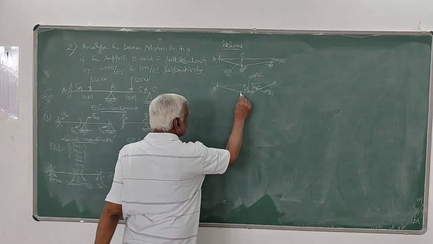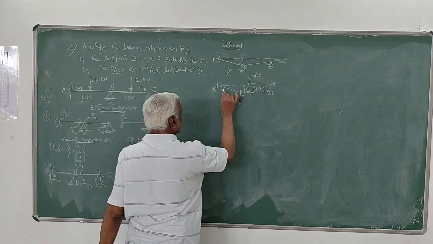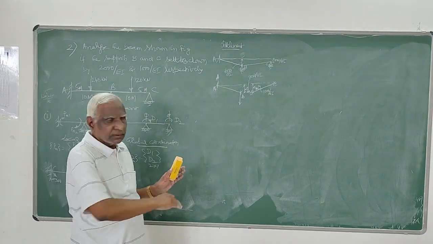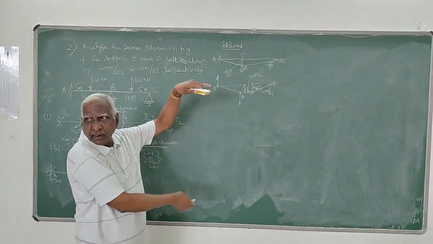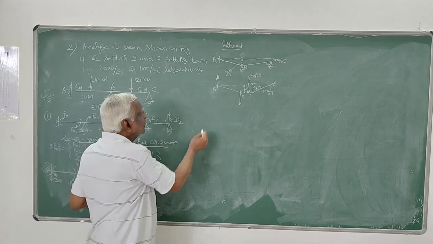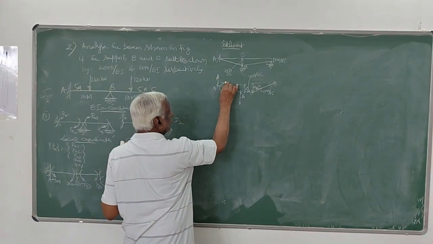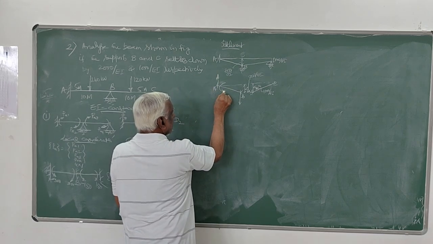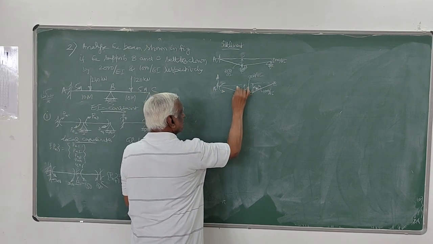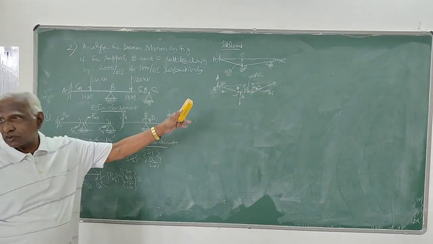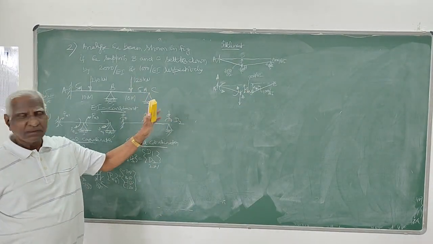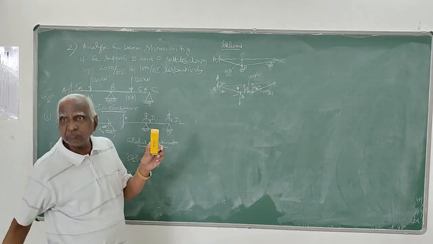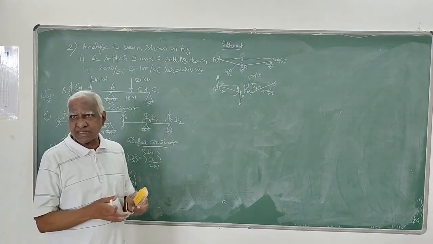Because of this, there will be a force here. There will be an equal and opposite force to keep it in equilibrium. This gives a moment in the clockwise direction. So this is clockwise, resisting should be anti-clockwise. This you have to ascertain. To give a settlement, there must be a force in the direction of the settlement.